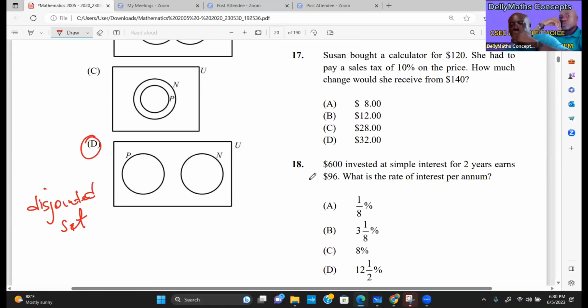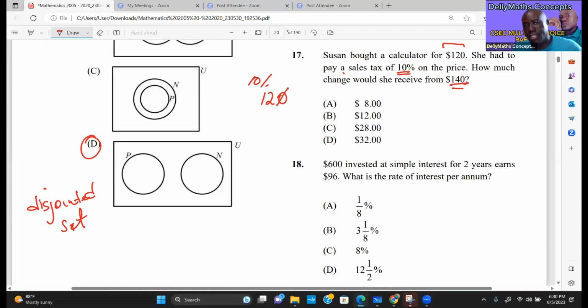Next question. Susan bought a calculator for $120. She had to pay a sales tax of 10% on it. How much change will she get back from 140? Remember, I said to you, 10% is to drop off a 0. So if I have $120, 10% is to just drop off a 0.